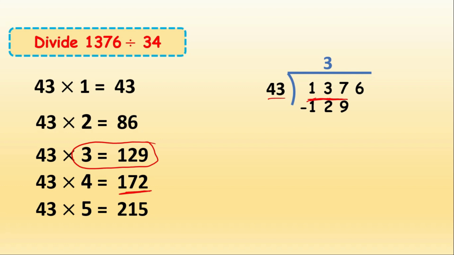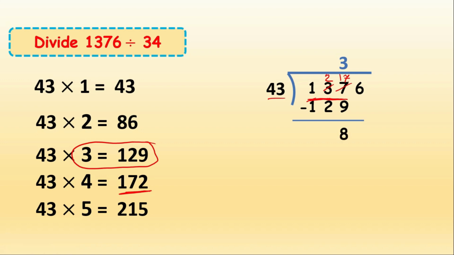Got it? Now let's complete. Subtract 137 minus 129. 7 minus 9 can't be. 7 is smaller. Borrow 1. So 3 decreased to be 2 and 7 increased to be 17. So 17 minus 9 equals 8.